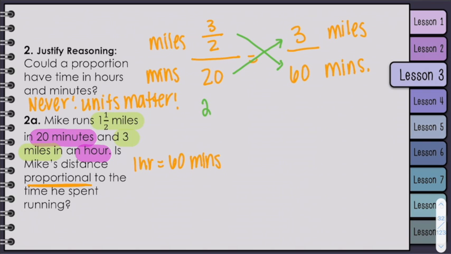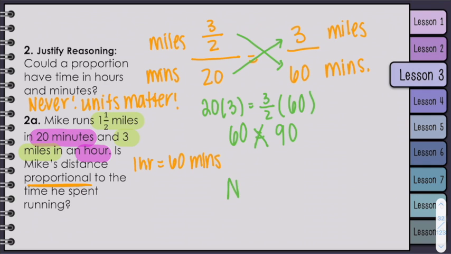So let's multiply. 20 times 3 equals 3 halves times 60. We get 60 and 90, and that's not equal, so it is not proportional. If for some reason they ask you to justify it, you would say your cross products are not equal.